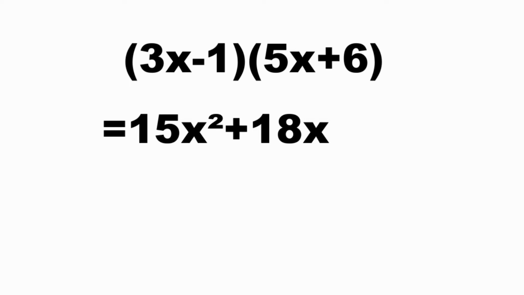And then the inner: negative 1 times 5x is negative 5x, or minus 5x. Then the last: negative 1 times 6 is negative 6, or minus 6.